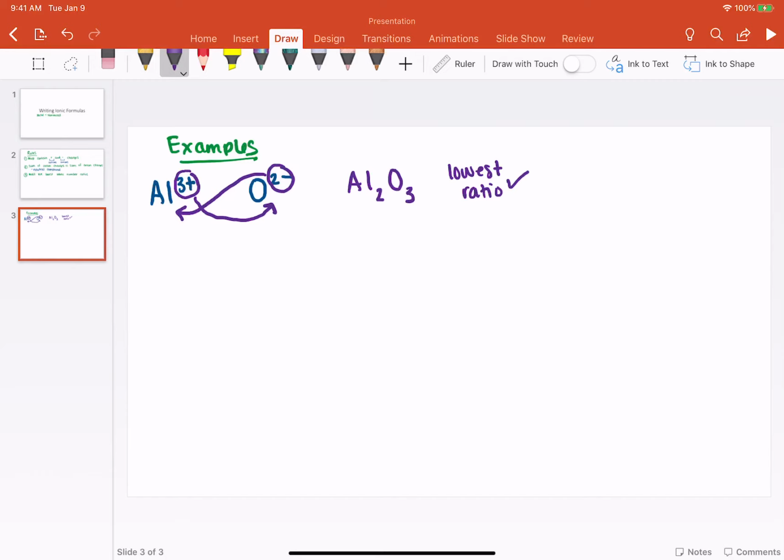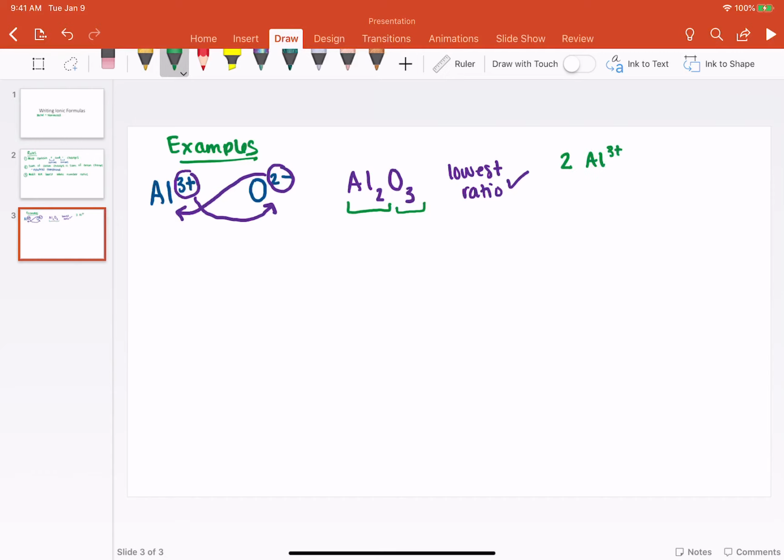Now we just need to check to make sure that those charges balance out. So what this means is that we have 2 Al3+, and we have 3 O2- interacting with each other. So let's do that math and check. So we have 2 Al3+.